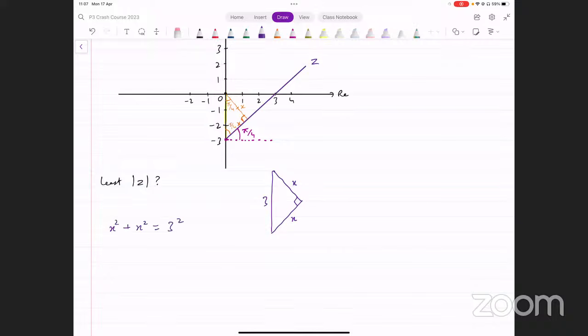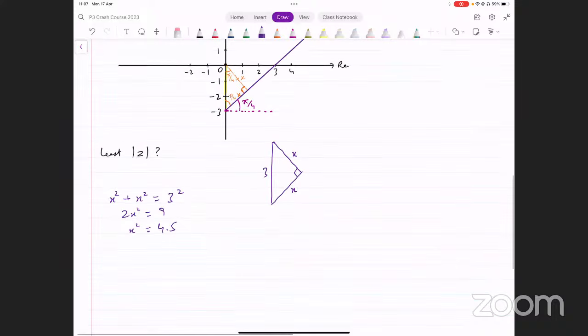That gives us 2x squared equals 9, x squared equals 4.5, and x equals the square root of 4.5. We can evaluate this, and it gives me 2.12. All right, that's the value of x that we get from this.